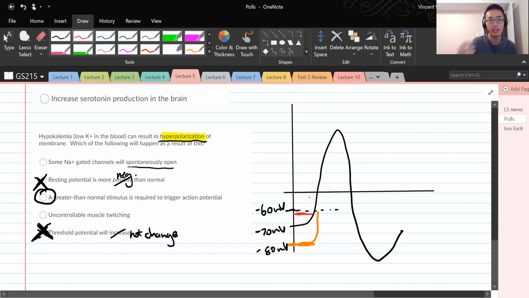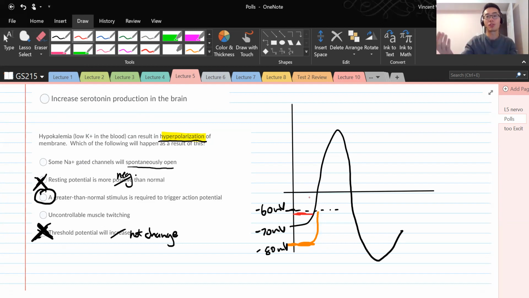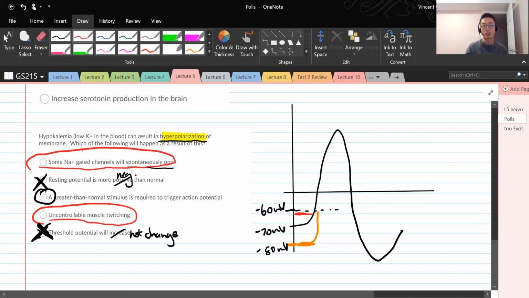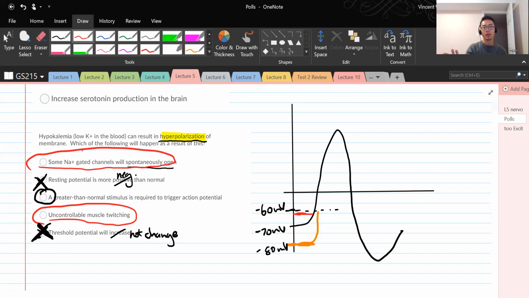So even though there is no strong stimulation, you might cross the threshold on your own, and that will trigger the sodium channels to open spontaneously. If this neuron is connected to your muscle group, that could lead to uncontrolled muscle twitching, because the gate will open on its own and then it will fire without any stimulation.